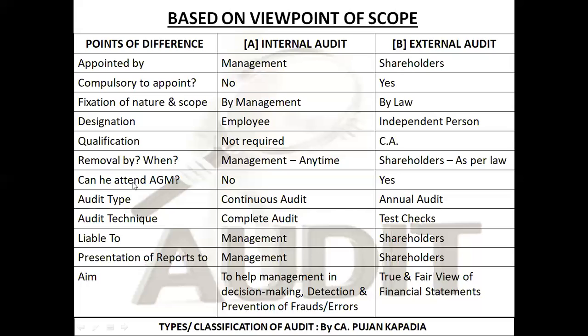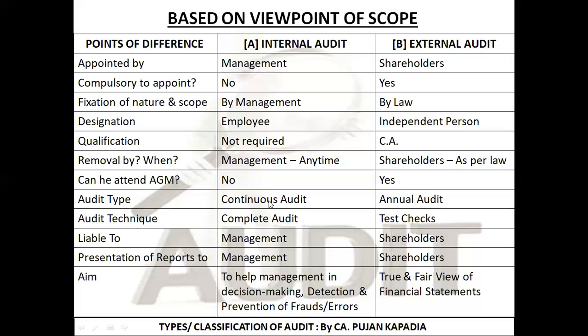Next is, can he attend AGM, that is annual general meeting? Can such auditor attend the same? Internal auditor, no, he cannot attend. But external auditor, yes, he can attend that annual general meeting. Next is audit type, like we had studied as of now. What kind of audit is it? In case of internal audit, generally it is a continuous audit.